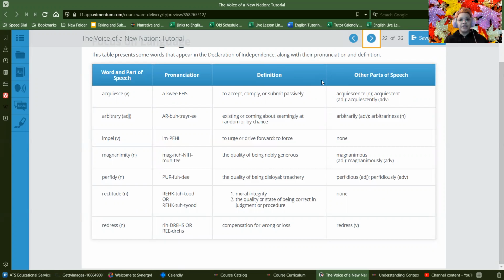You don't always have to write down the pronunciation or the other parts of speech unless you really think you need it. But I would at least write down the word and the part of speech because you're building vocabulary here. A lot of these words show up in your reading selections and will show up in other things that you read in the future. So it's just good to get this foundation here now. The other slides are just questions about the vocabulary, so I'm going to go ahead and stop sharing.